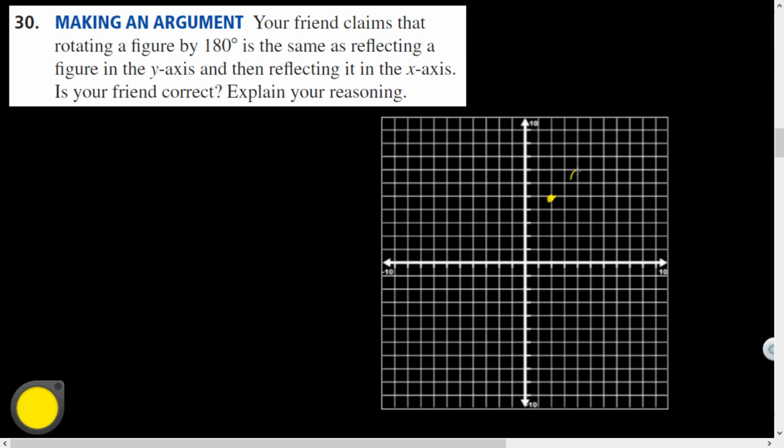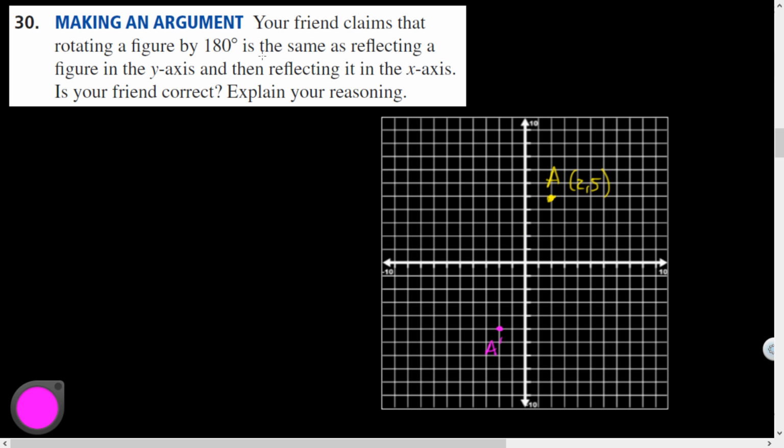All right, so there's 2, 5. I'll call this point A. So let's do the first situation. Rotated 180 degrees, that's going to be at -2 and -5. That would be my A prime, doing a 180 degree rotation like so.